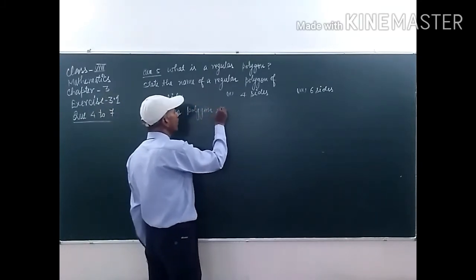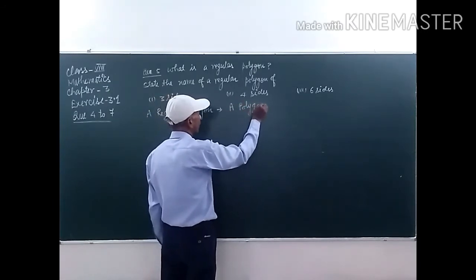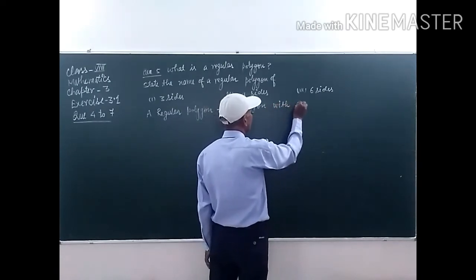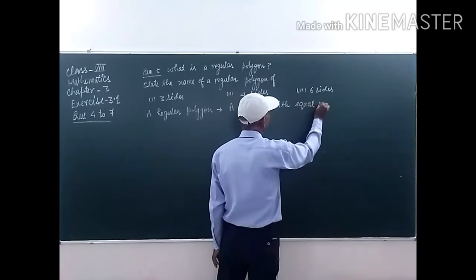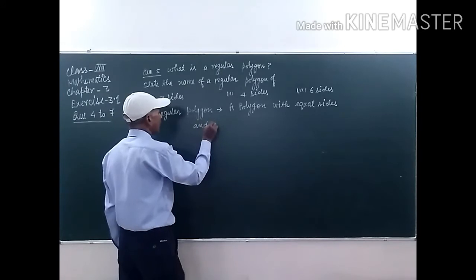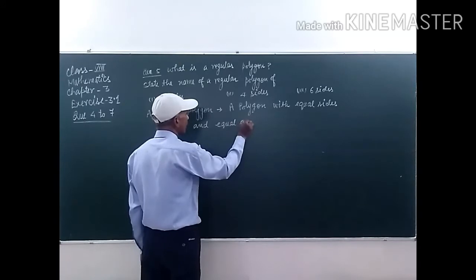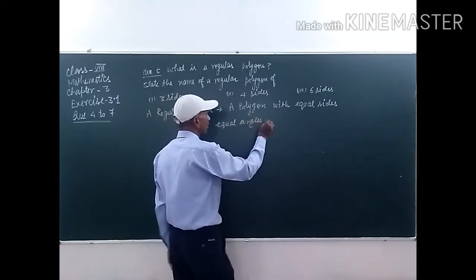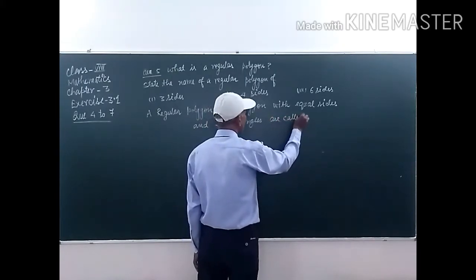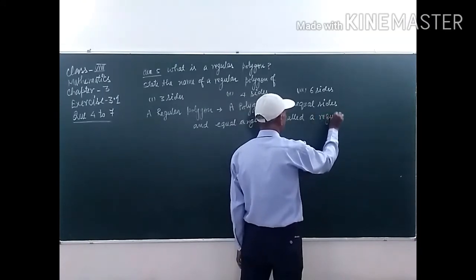A polygon with equal sides and equal angles are called a regular polygon.